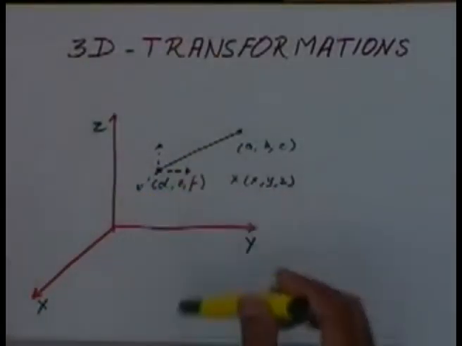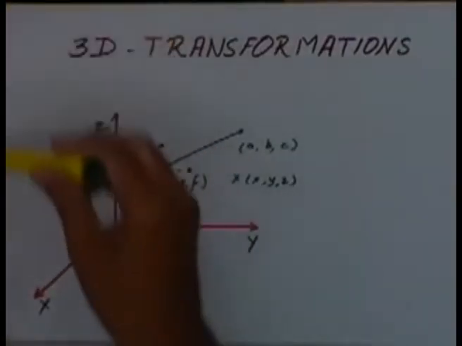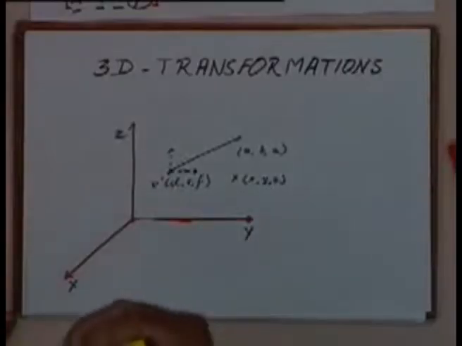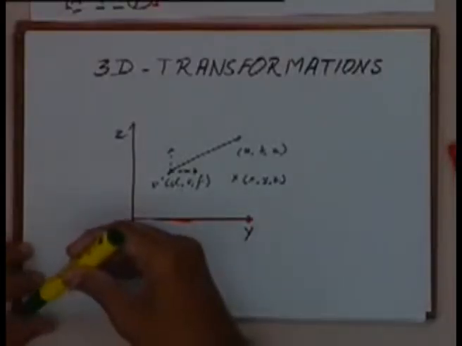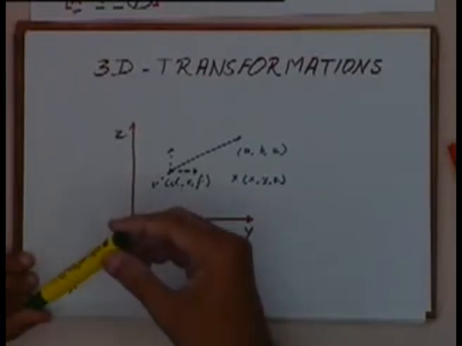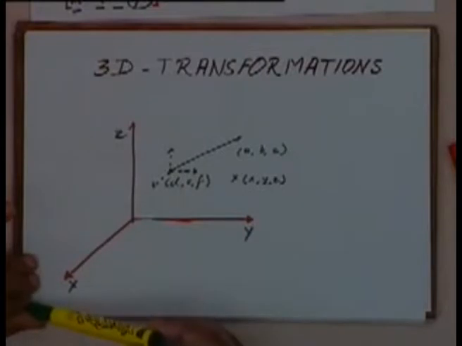Okay, I can, let us say, if you look at it from the front, this is one axis, this is the second axis, and this vertical is the third axis, and we have a vector like this. Okay, I can rotate it in this manner.